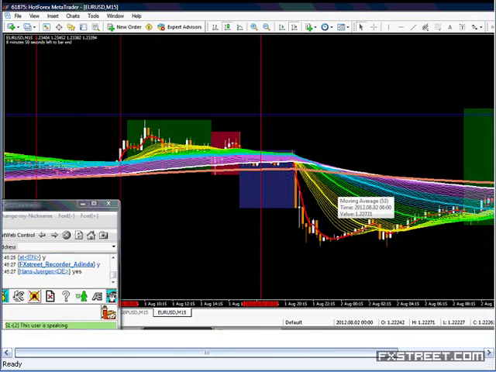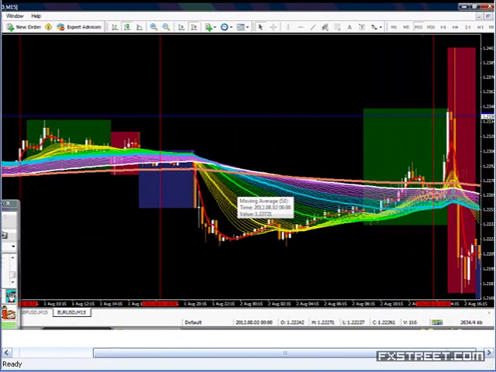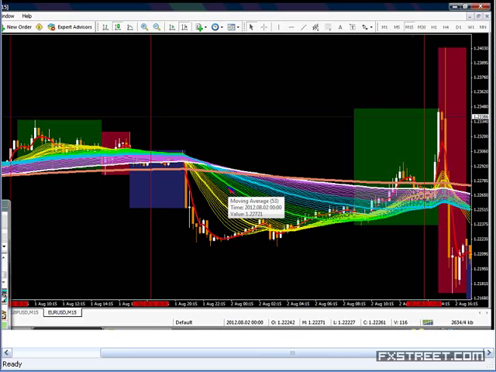It's what I was saying before. It's a very, very tight range of the rainbow. The rainbow is lagging. Obviously, it's a lagging indicator because it's a lagging system, because it's based on a lagging indicator, which is the moving averages. But even if it's lagging, it tells the truth.